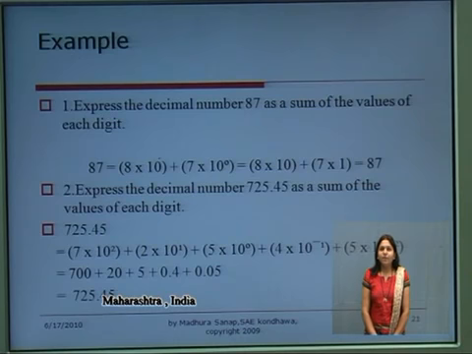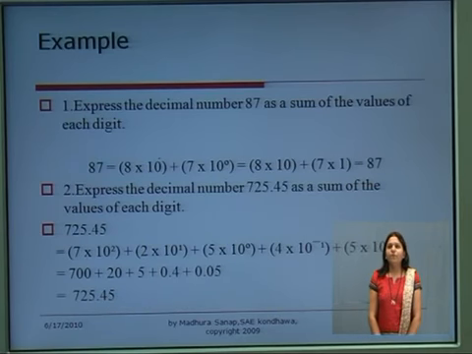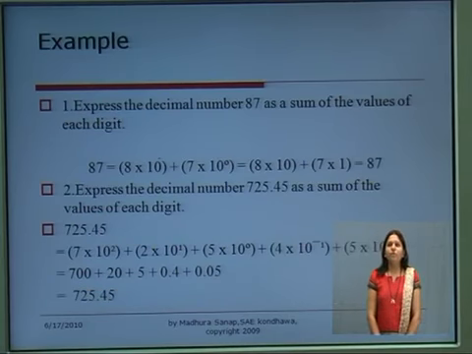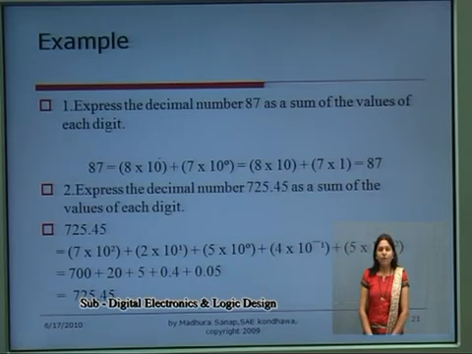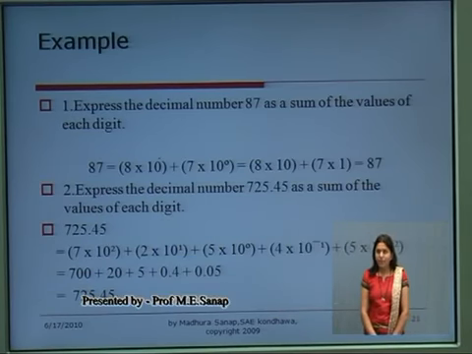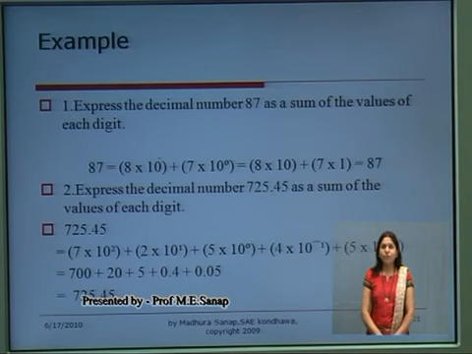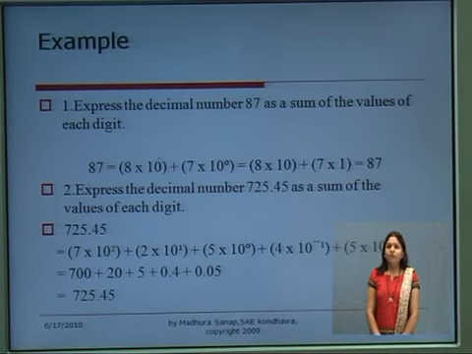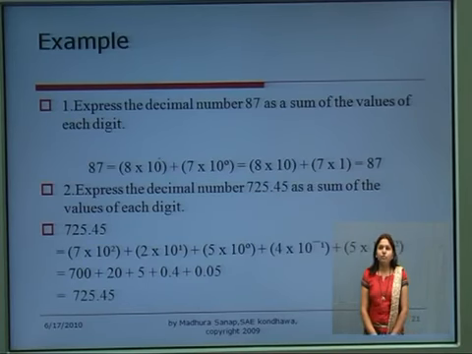Then take another example. Express the decimal number 725.45 as a sum of the values of each digit. So what can we do? We can keep the integer part and fractional part separately. For the integer part, it starts from 5 into 10 raised to 0 plus 2 into 10 raised to 1 plus 7 into 10 raised to 2.